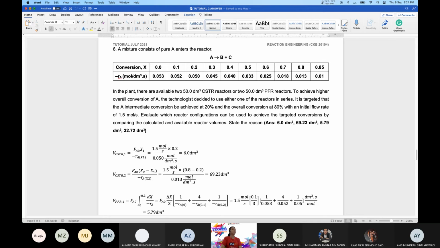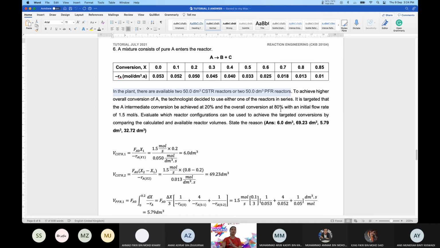They say in the plant, there are available 250 dm³ CSTR reactor or 250 dm³ PFR reactor. So now the plant already has the reactors, and we have 2 CSTR and 2 PFR. All 4 reactors have an equal volume of 50 dm³.